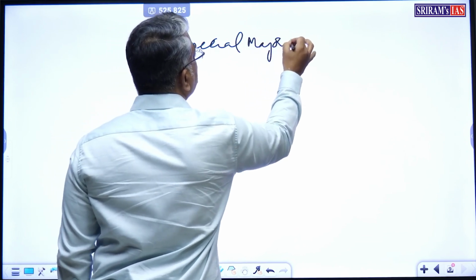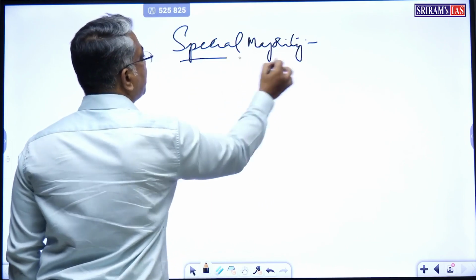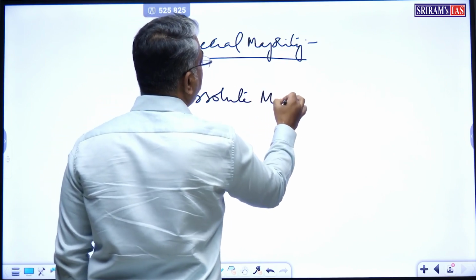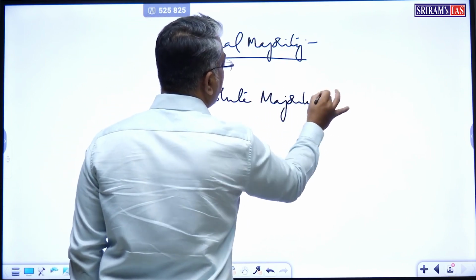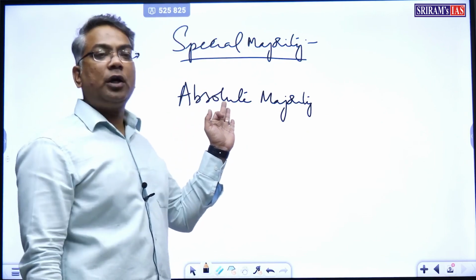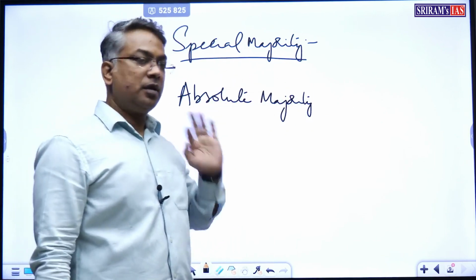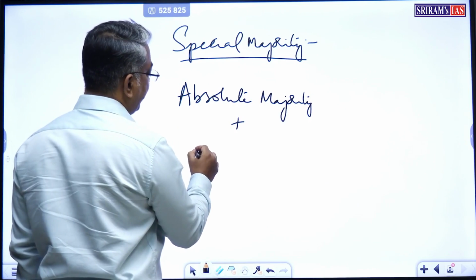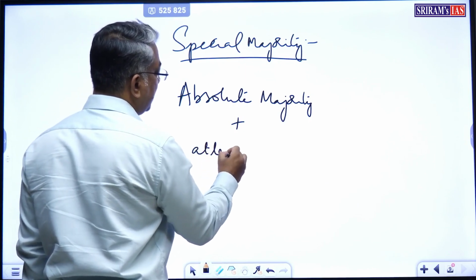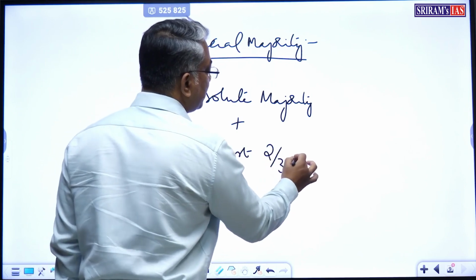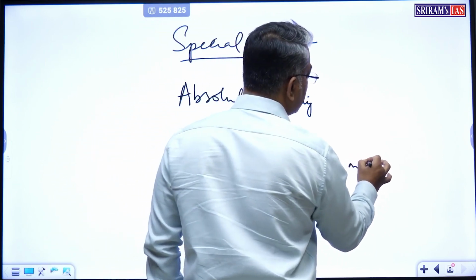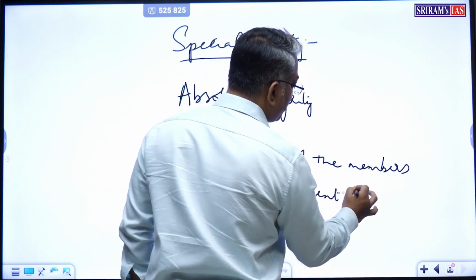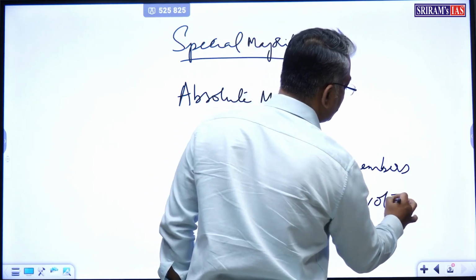Special majority is absolute majority, that is majority of the total membership of that house, plus majority of at least 2/3 of the members present and voting of that house.